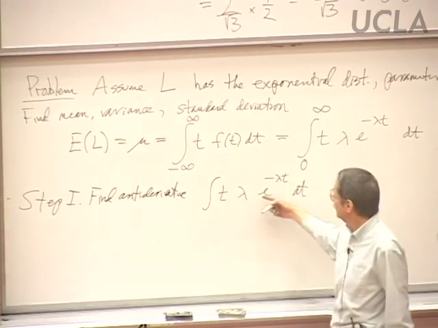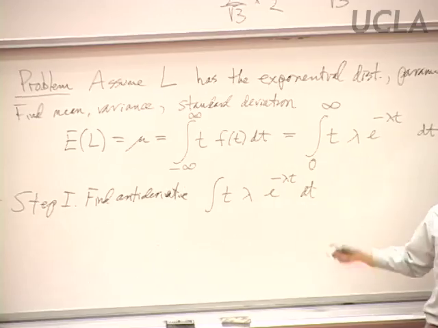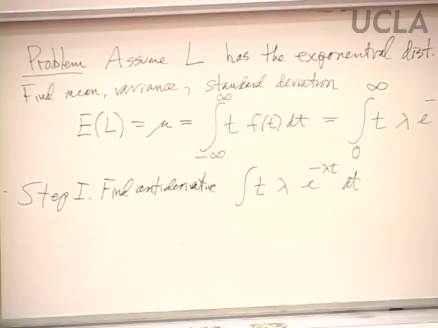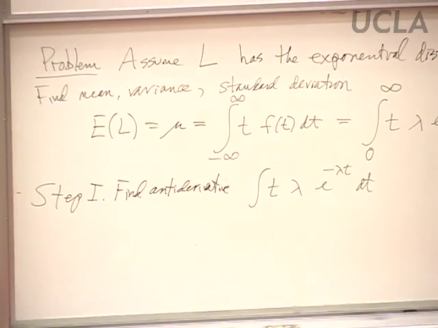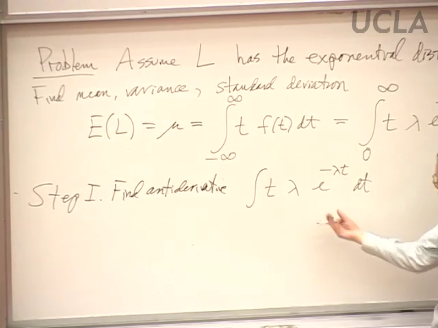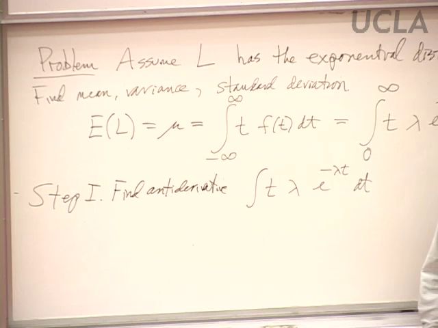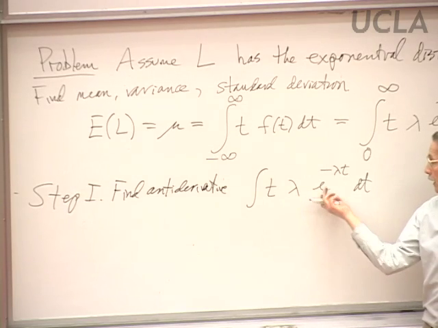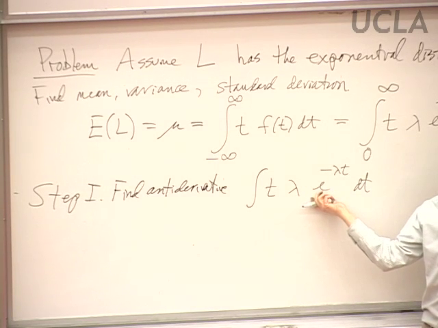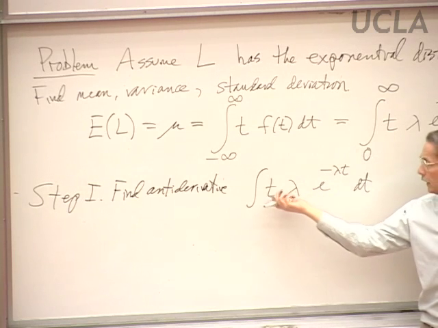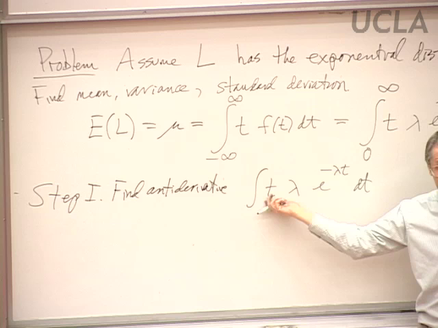Just the indefinite integral. We just need an antiderivative. Well, back in 3b, you were a whiz at this. Time to do it again. You look at that and you say, aha, we've got to use integration by parts. There's nothing else that'll work. We know how to integrate e to the minus lambda t. In fact, we've been doing that before. And then we can differentiate away the t.